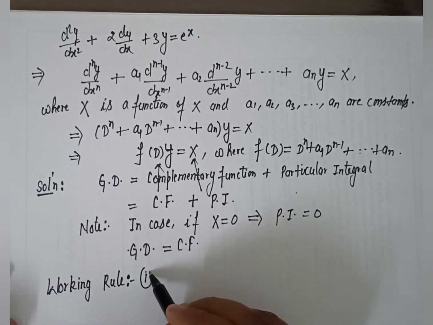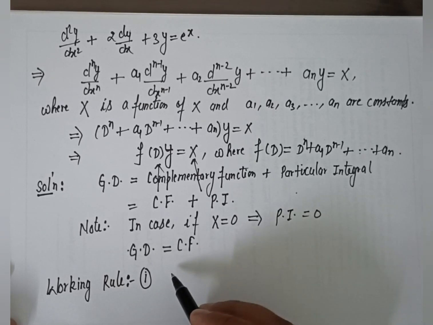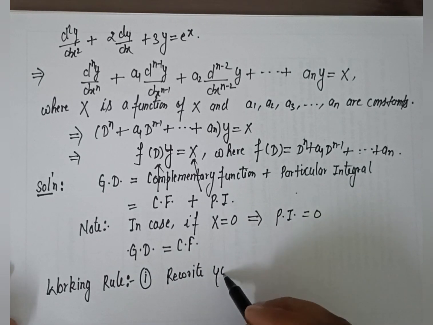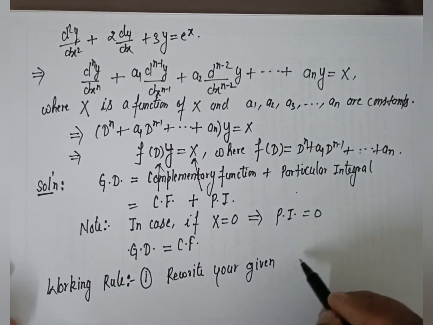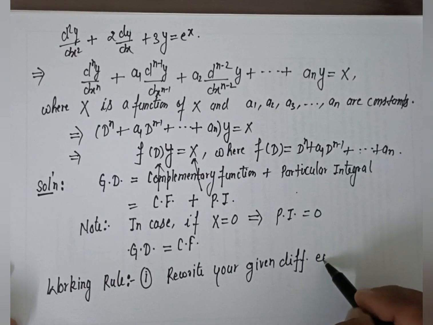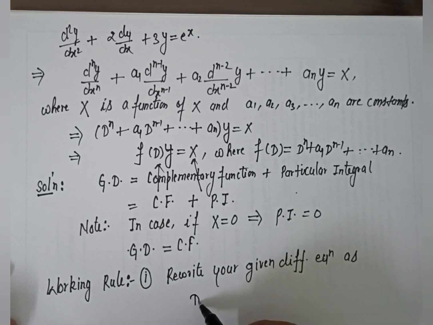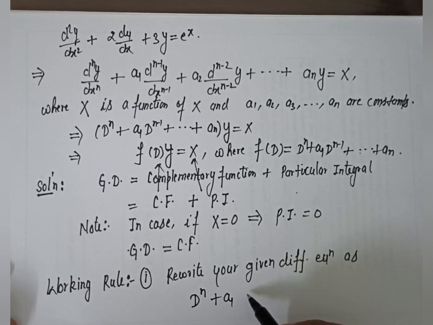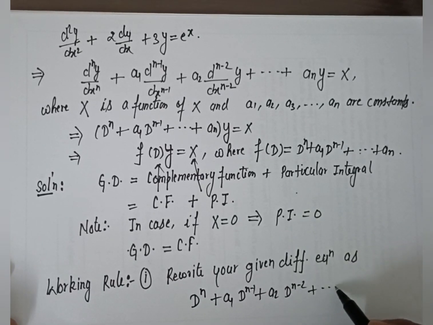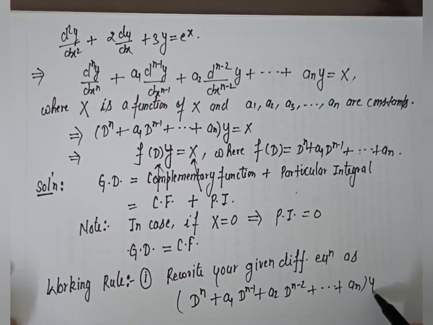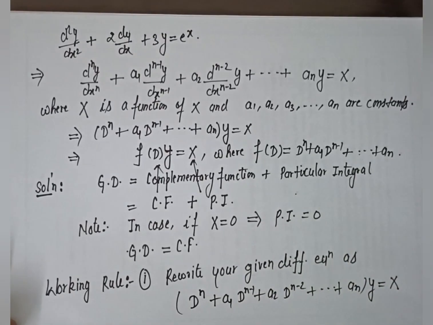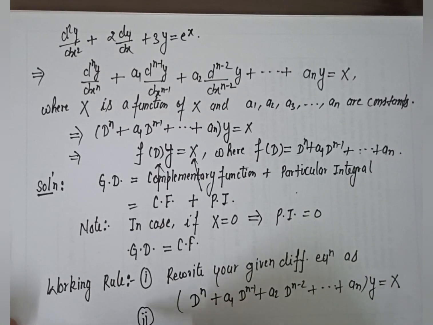Number one, rewrite your given differential equation as D^n plus a1 D^(n-1) plus a2 D^(n-2) plus and so on plus an, applied on y, equals X. First you will write your given differential equation like this, and in the second step, to decide the complementary function, we will write the auxiliary equation.